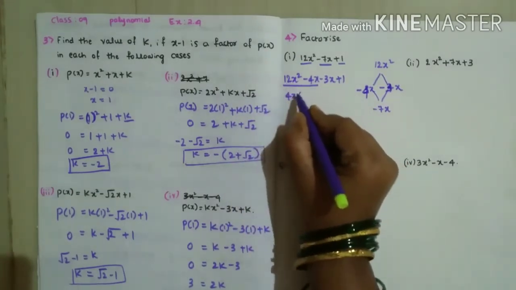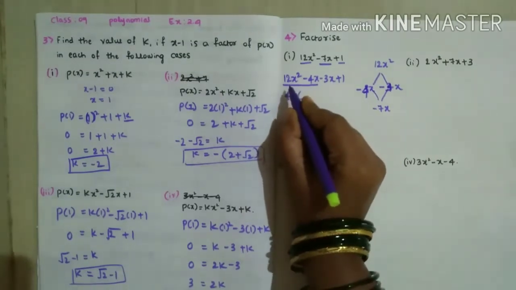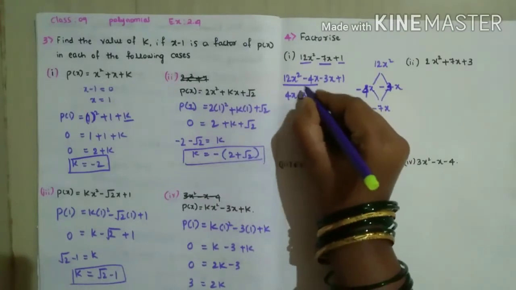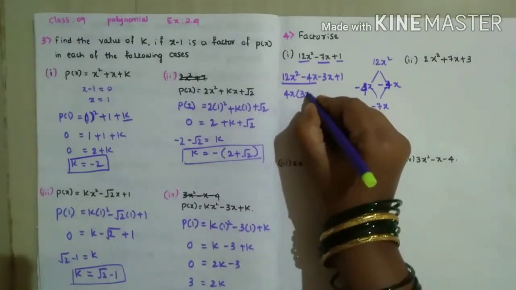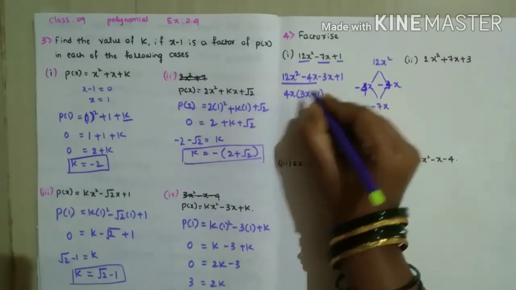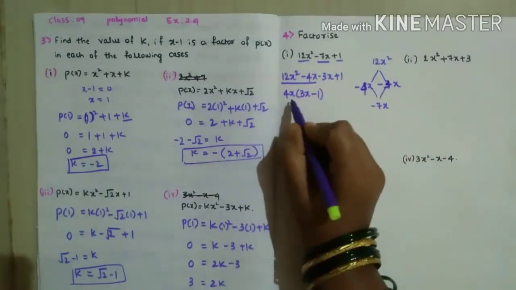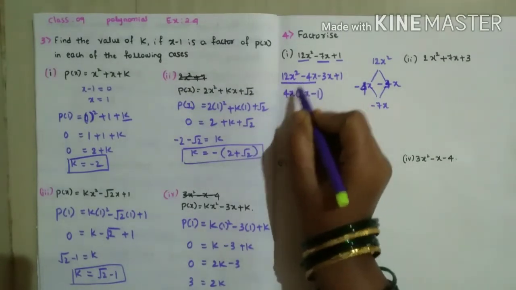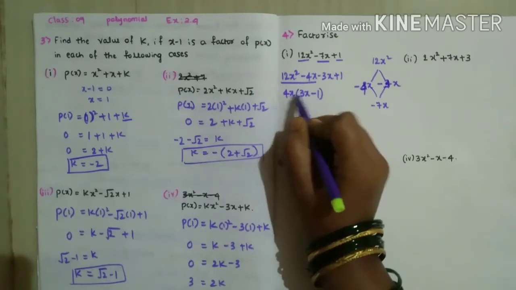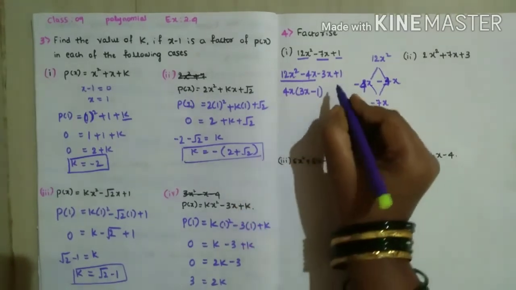Taking common means you are dividing, so 12 will become 3x, and minus 4x fully taken out, so only 1 will remain. If you multiply again inside the bracket, the same will come: 4x into 3x is 12x square, then minus 4x into 1 is minus 4x.